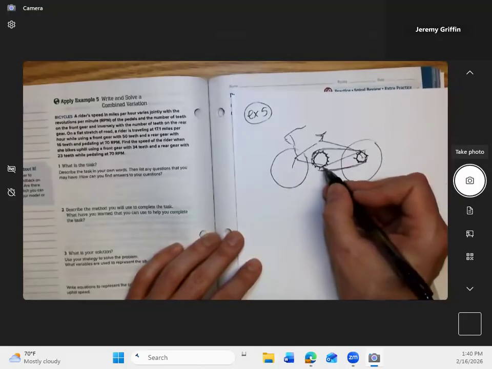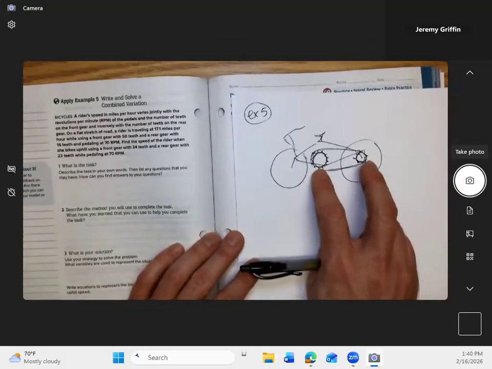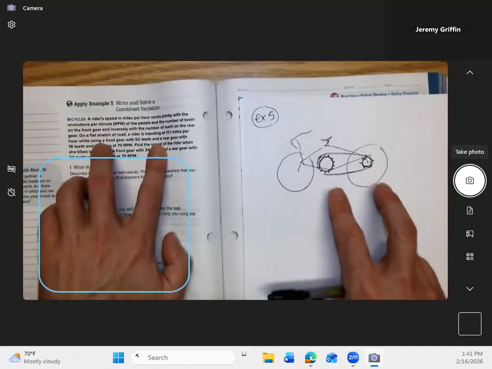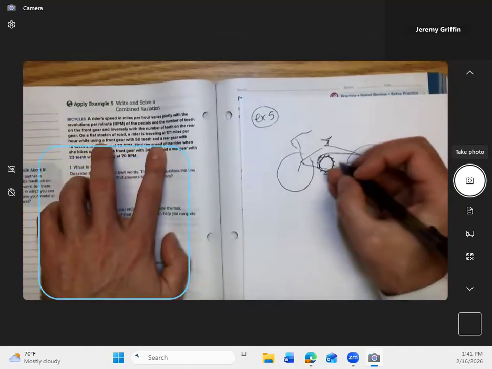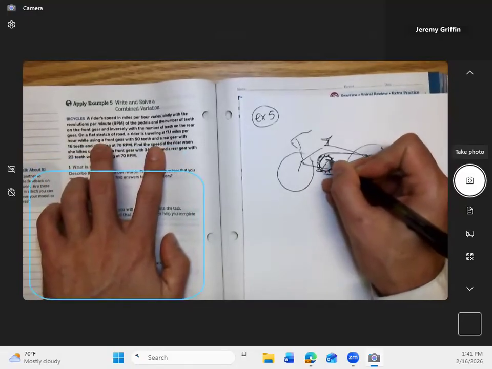So 1 revolution here would be 2 revolutions here. That's if the diameter or circumference ratio was 2 to 1. Just get the idea. So here we got this pedal, and we're pedaling this bike.